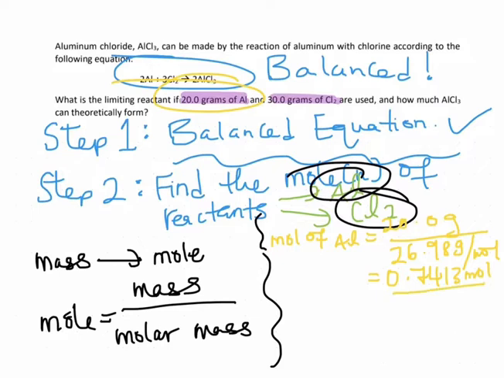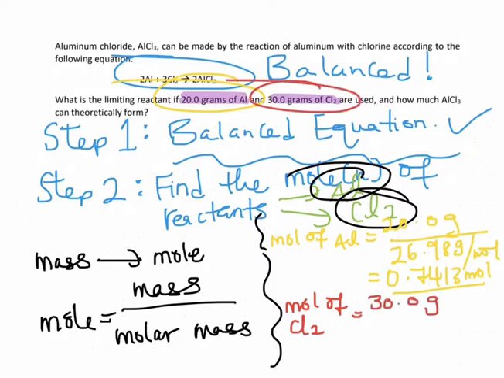What about for chlorine? Okay, so for chlorine, mole of chlorine, the mass is 30 grams. So you have 30 grams given to you. So these are the masses that you have when you do this experiment. So we call this the given mole, okay? Given mole and given mass.